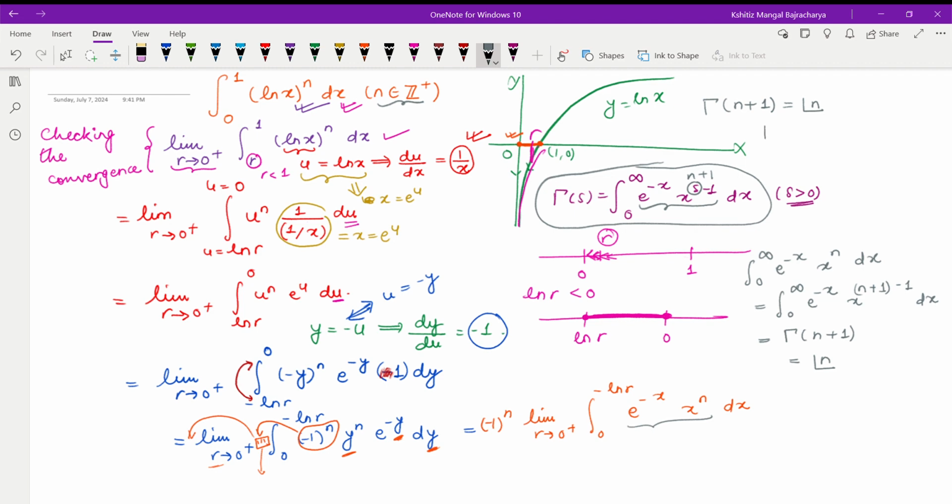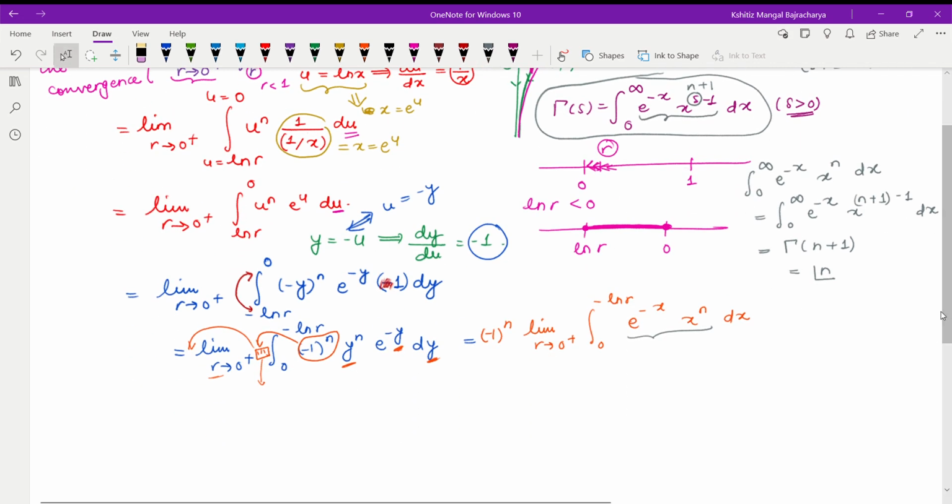In general, gamma s plus 1 can be written as s gamma s for s plus 1 greater than 0. Alright, this is the general expression, and if s is a natural number n, then this will be the corresponding result.